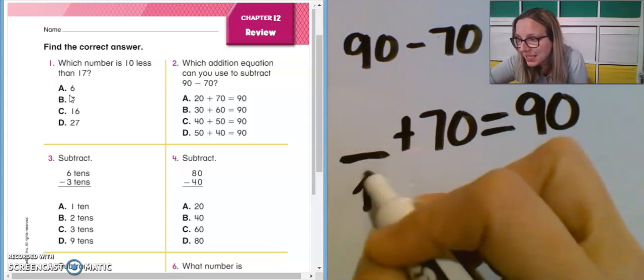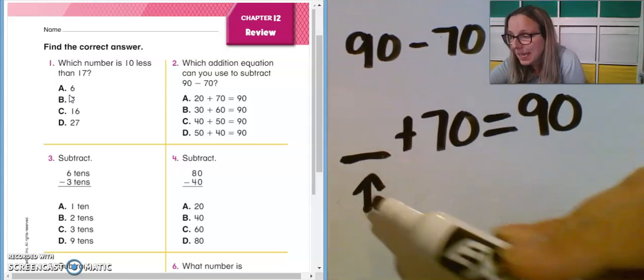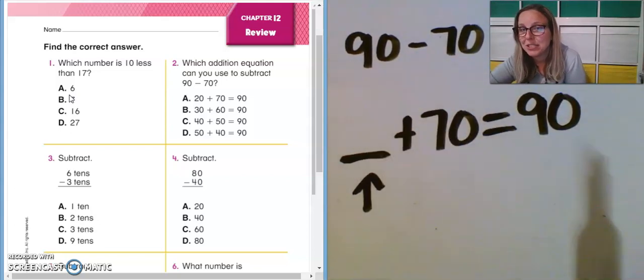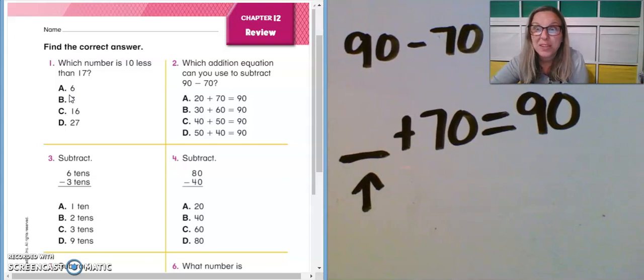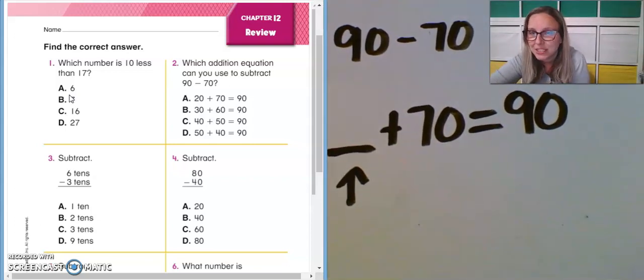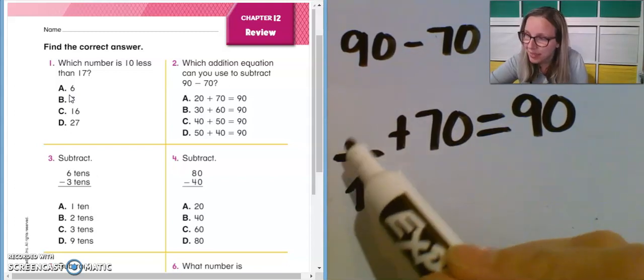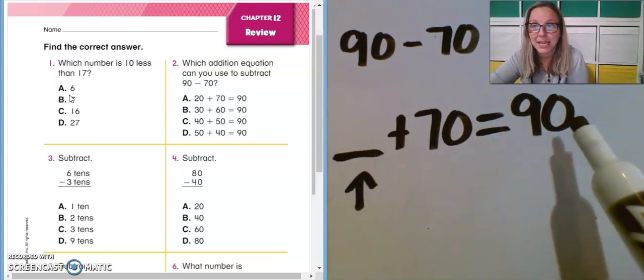And this answer will then tell me what 90 take away 70 is, because we know that addition and subtraction are almost like reverses or inverted versions of each other. So 90 minus 70 equals this, and this plus 70 equals 90.